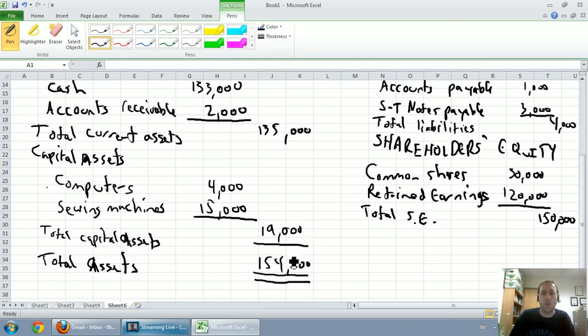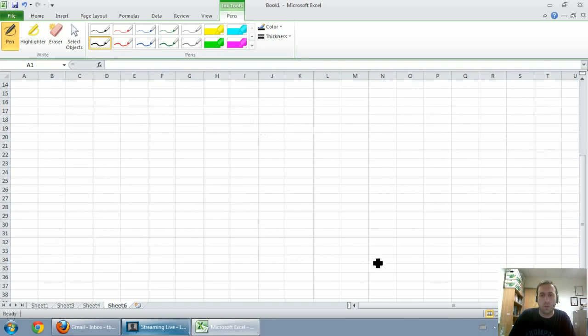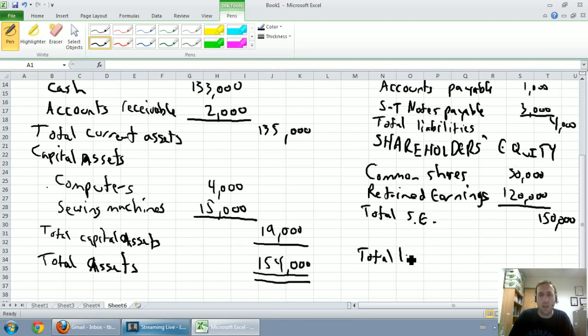And now I have a grand total, and it's going to be total liabilities and shareholders' equity. Again, I know my penmanship leaves a lot to be desired, but you can see the total liabilities there are 4. The total shareholders' equity is 150. 4 plus 150 is 154. Double underline it as it's a bottom line.